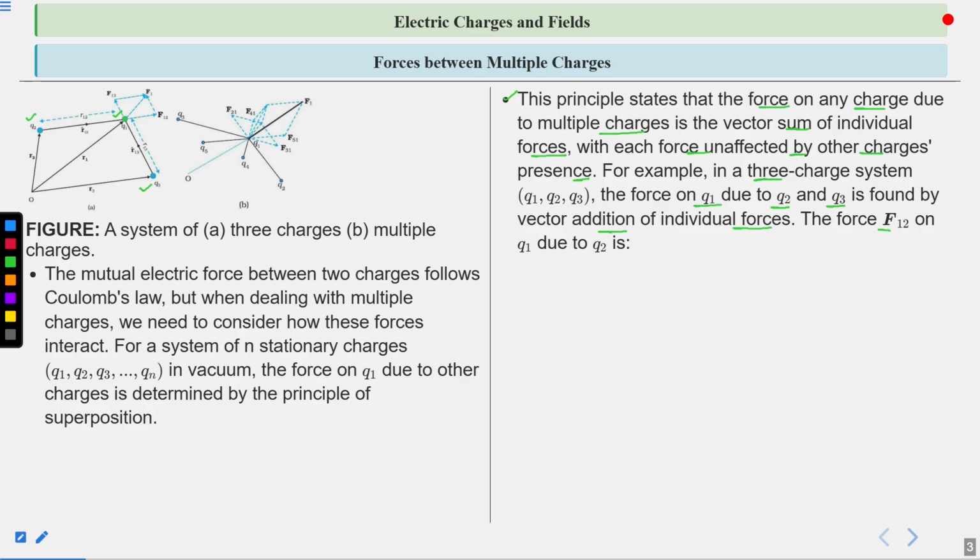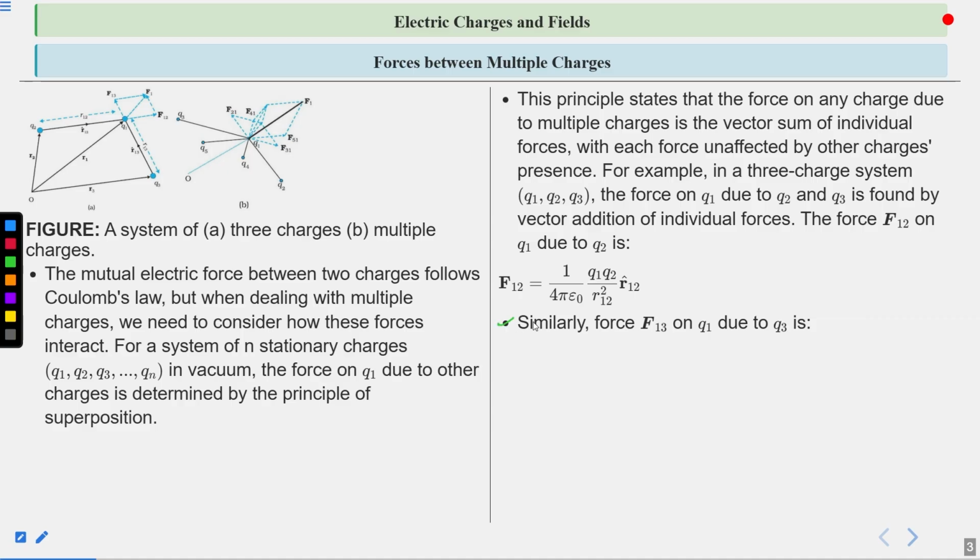F12 means force on charge first due to charge second. The force on Q1 due to Q2 is F12 equal to 1 upon 4 pi epsilon naught Q1 Q2 divided by r square 12, r cap 12. Here 12 means force on charge first due to second, and r cap is the direction of the force.